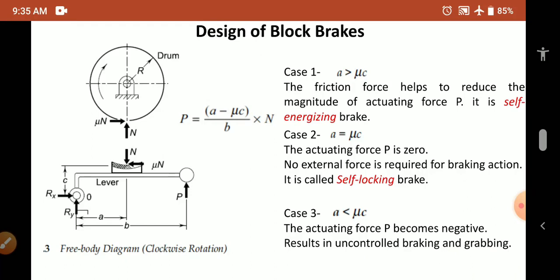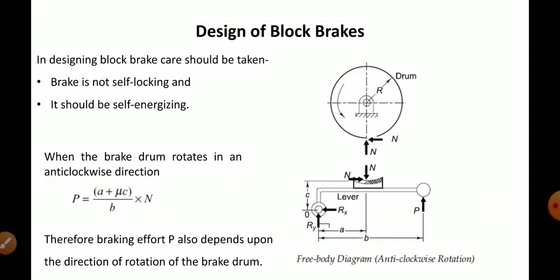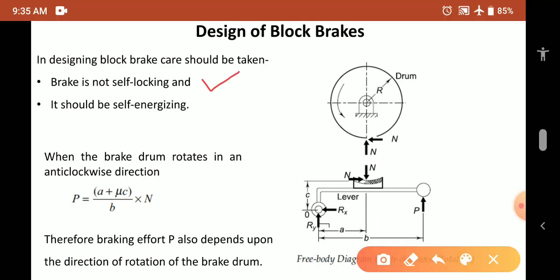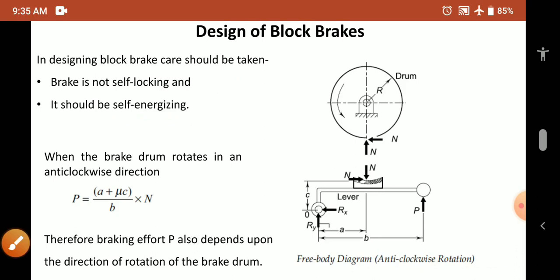That means without applying the effort force P, the brake will be actuated. Now, while designing this block brake, care should be taken that the brake should not be self-locking and it should be in a self-energizing condition. Then this is all about the design.